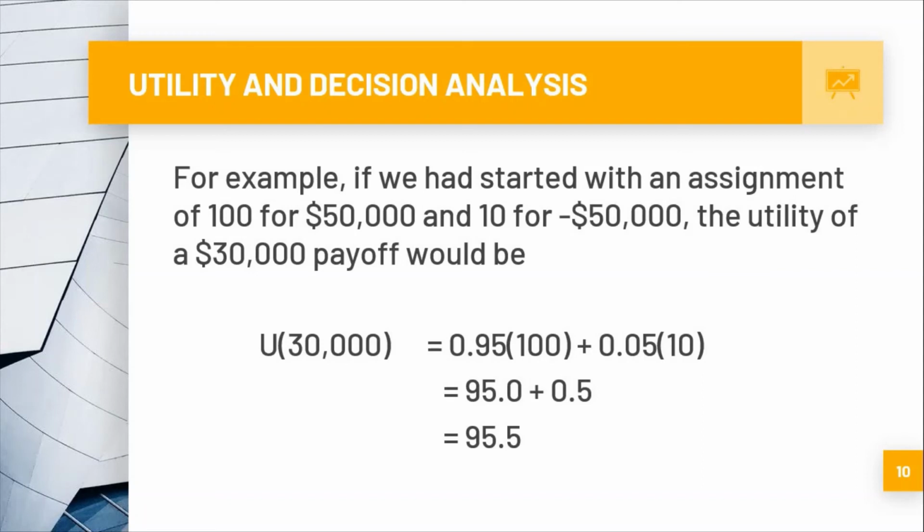A big difference, right? So we must conclude that the utility assigned to each payoff is not unique, but depends on the decision maker's initial choice for the utilities of the best and worst payoff.